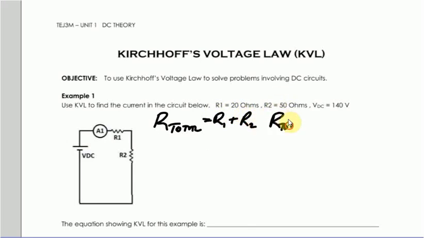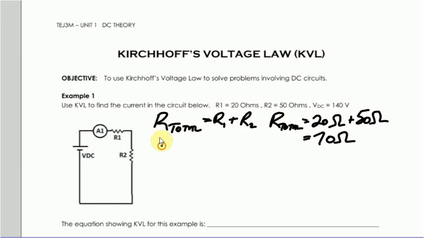So our total is 20 ohms plus 50 ohms, which is 70 ohms.